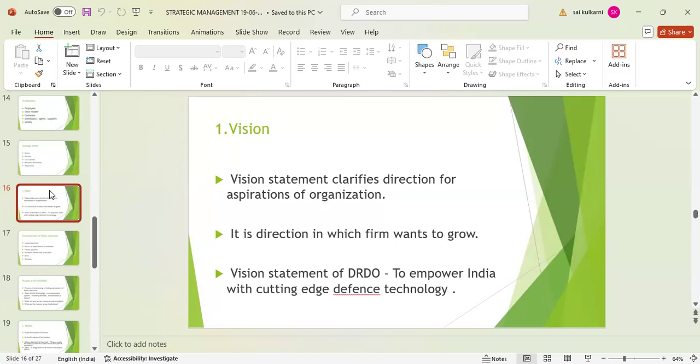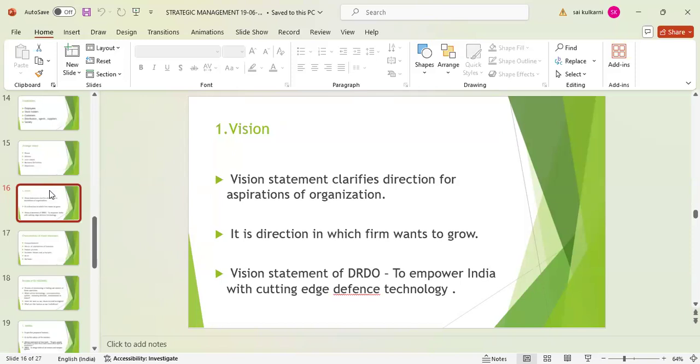The vision statement of DRDO. Are you aware of DRDO? It is related to defense research. So see, the vision statement of DRDO: to empower India with cutting-edge defense technology. It is very short but a very catchy statement.